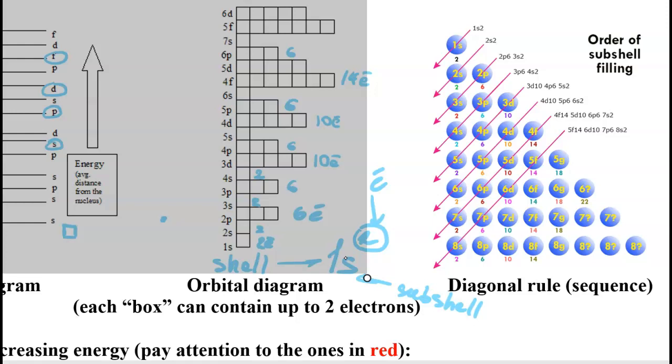So 2s has place for 2 electrons, and 2p has place for 6 electrons, right? So on the second shell there can be a maximum of 8 electrons.